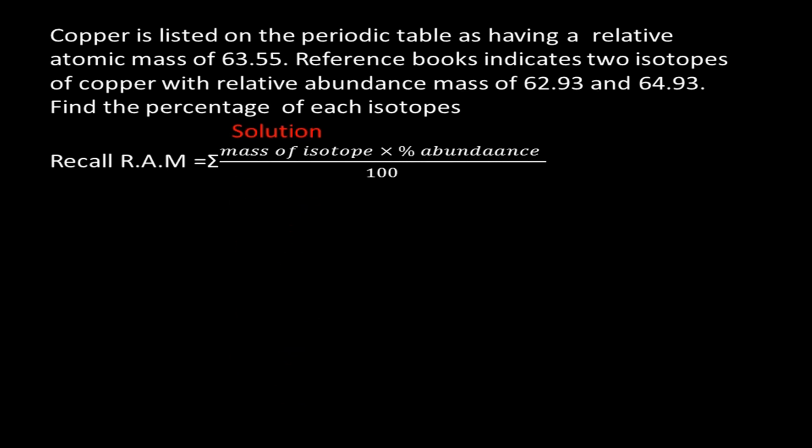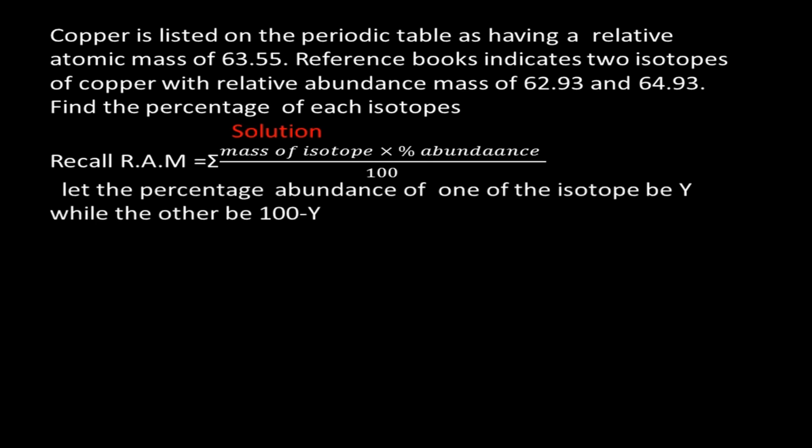Relative atomic mass equal to summation of mass of isotope times percentage abundance all over 100. So let the percentage abundance of one of the isotopes be Y, while the other will be 100 minus Y. Since we are having two isotopes, if one is Y, the other will be 100 minus Y, because the summation of the abundance is 100.